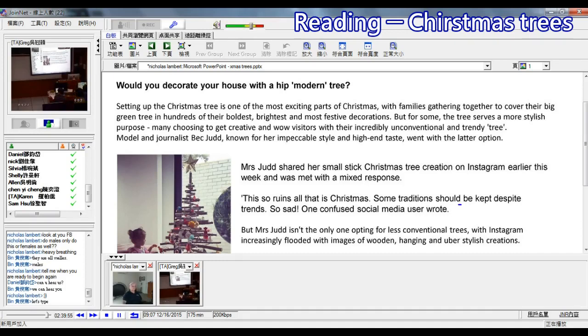My question is, what does uber stylish mean? If something is uber stylish, it's a silly word, but it is increasingly being used. It's too new a word.